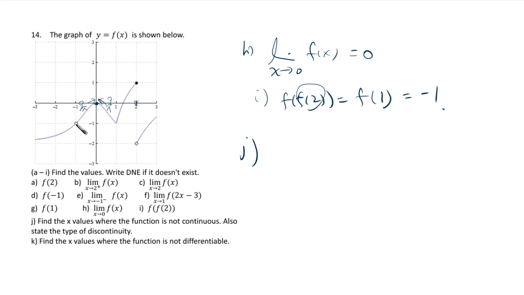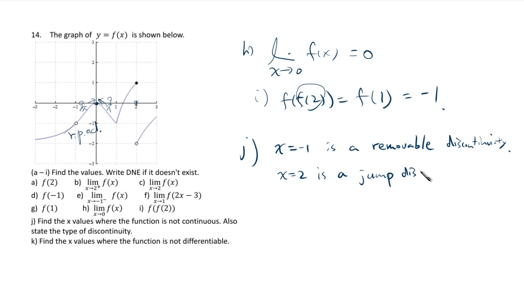This thing's called r pod because there's like 2 whiskers coming out of a circle, right? So that's an r pod, removable point of discontinuity. So you have x equals negative 1 is a removable discontinuity. And x equals 2. At 2, the left limit and the right limit do not agree, so that's a jump discontinuity.